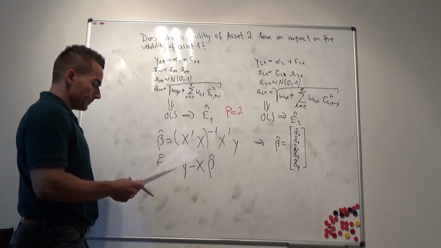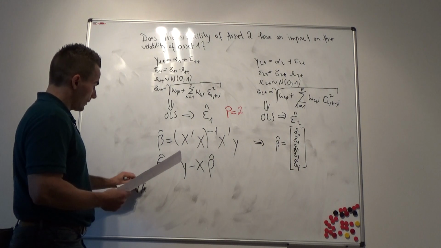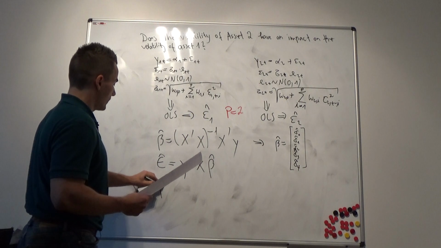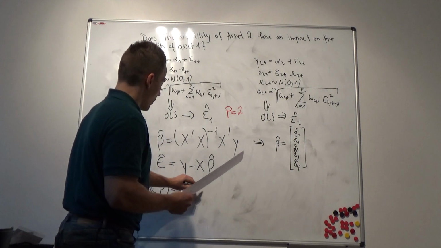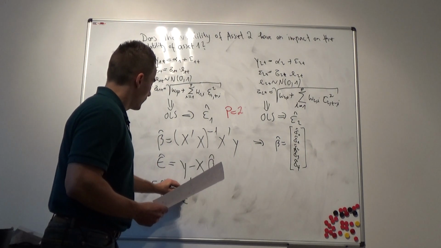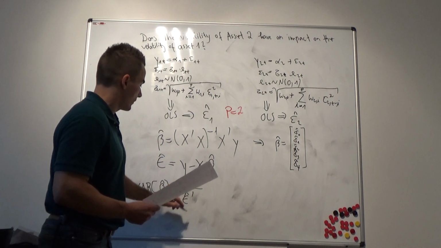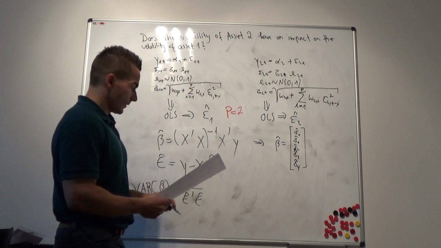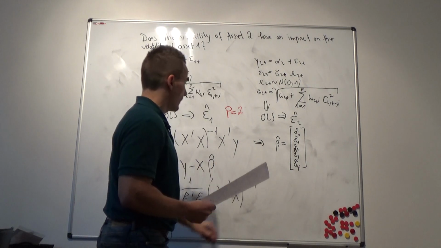We know that the variance of beta hat is defined as 1 over epsilon hat transposed times itself, from that equation, times X transposed X inverted.